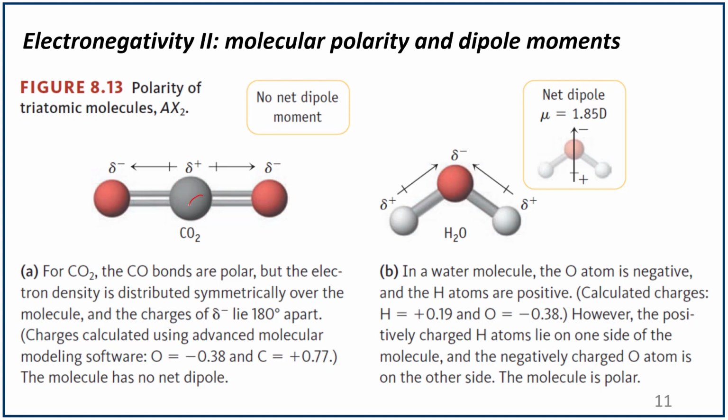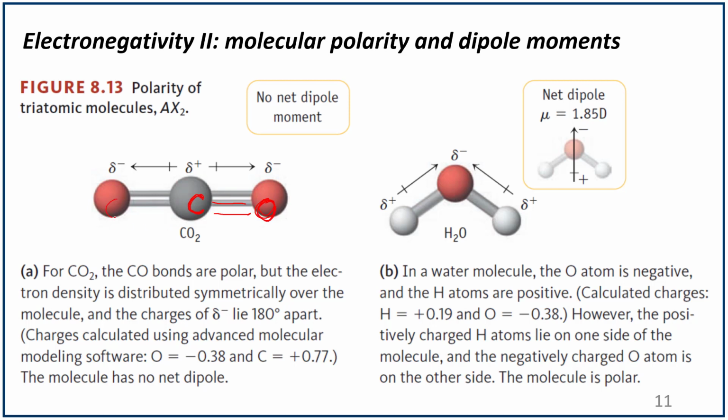So if this is one carbon-oxygen double bond, this carbon atom will still be electron poor, and this oxygen will still be electron rich.